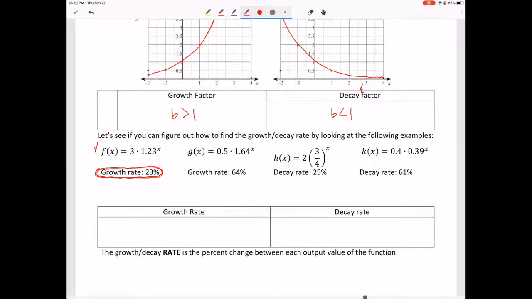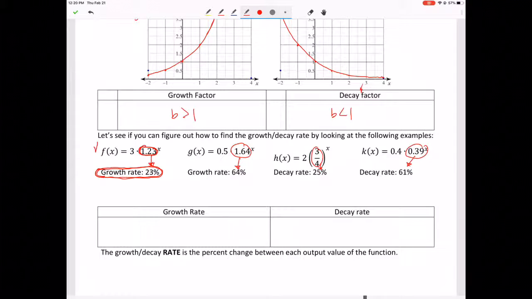Okay, so here we already talked about the factor. This would be the growth factor because it's greater than 1. But how do we go from there to here to get the growth rate?